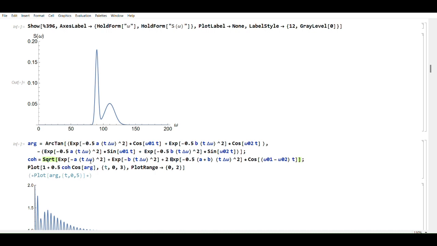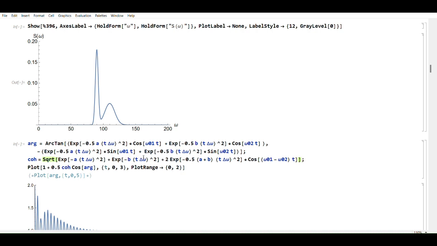So mod gamma tau squared is basically gamma tau star times gamma tau, and you can easily find that out. It will be the square of the real part of gamma tau plus the square of the imaginary part of gamma tau. The real part has cosine terms, the imaginary part has sine terms. And if you just open up these brackets, this is what you get.